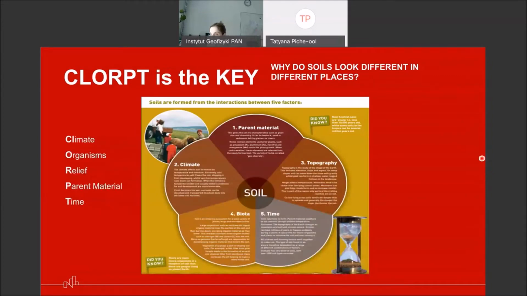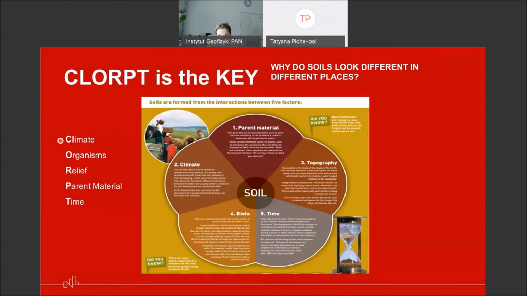So soil formation, the question was, why do soils look different in different places? Soil formation is a process that requires an action, but it's not human action. Human action can also play a role, but it's an action of climate, of organisms, of relief, of parent material, and time.